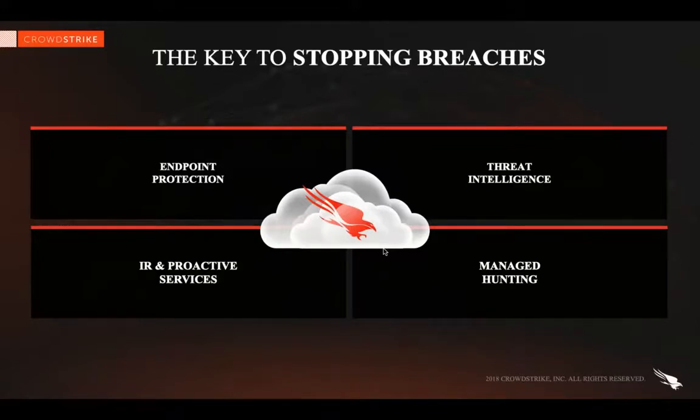And when it comes to the threat intelligence part of it, the second key to stopping breaches is to have the right threat intelligence platform in place. The purpose of having the right threat intelligence platform in place is to make sure that you're ready to face the next set of attacks, or ready to counter future attacks, right? Then you need to have a managed hunting team who are able to tackle zero-day attacks.